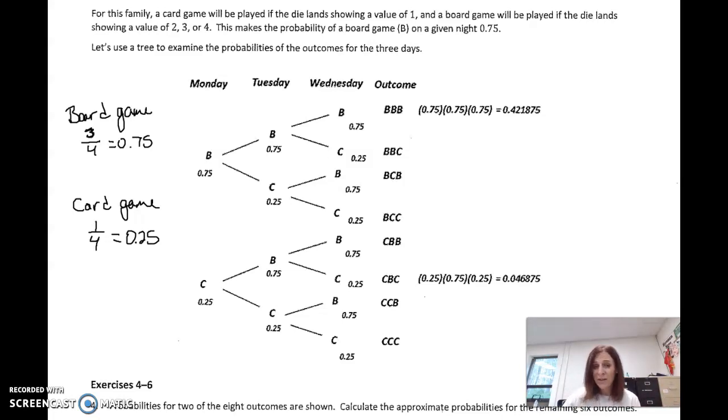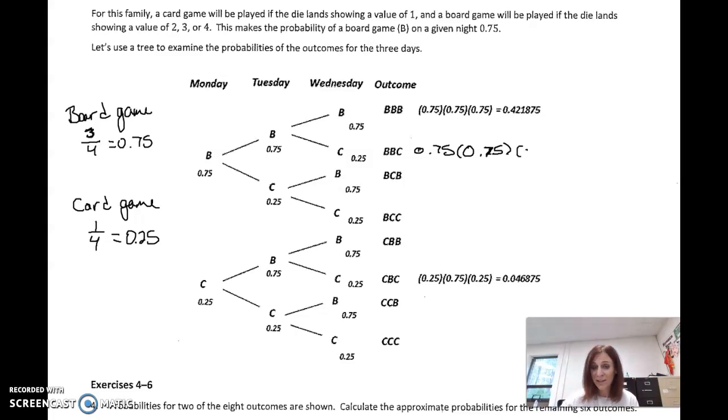Okay, so let's do that with all of these. Board game, board game, card game. Follow your tree. 0.75 times 0.75, sorry, I'm going to rush here and get sloppy. I will do my best not to, but I'm going to anyway. Times C. Now the C is the 0.25.